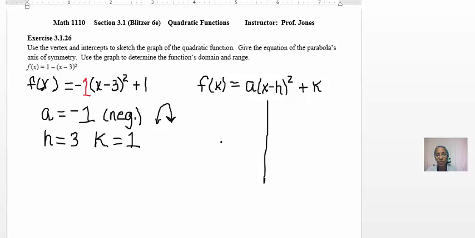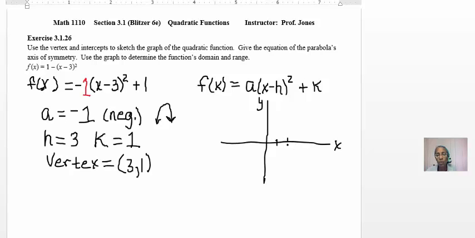And I'm going to just do a rough sketch here. Notice the vertex, this tells me that my vertex is (3, 1), the point whose x-coordinate is 3, whose y-coordinate is 1.